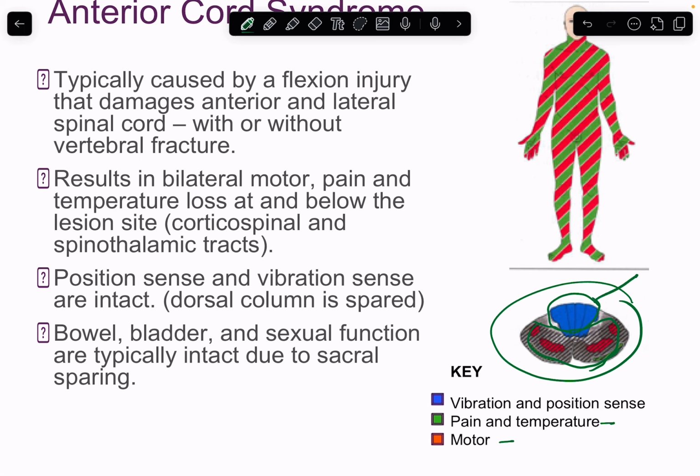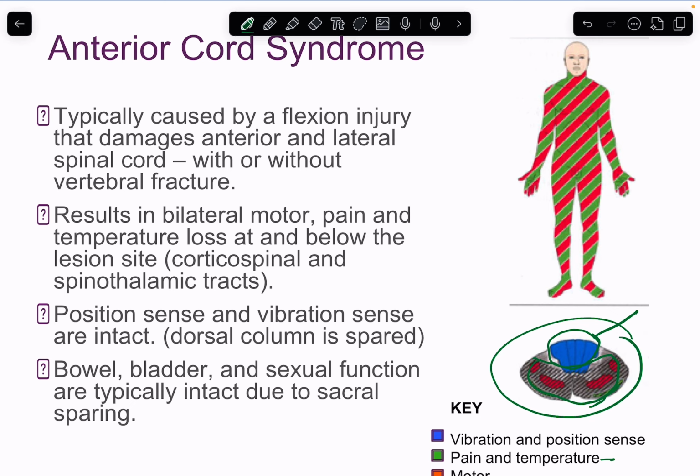So this is typically caused by a flexion injury, and it damages the anterior and lateral spinal cord with or without vertebral fracture. So again, there will be bilateral motor loss, which is the affectation of the corticospinal tract, and pain and temperature, okay, the green portion, which is the spinothalamic tract.